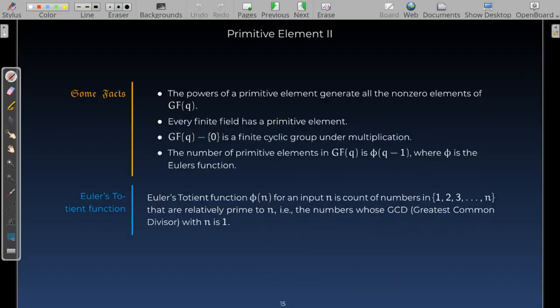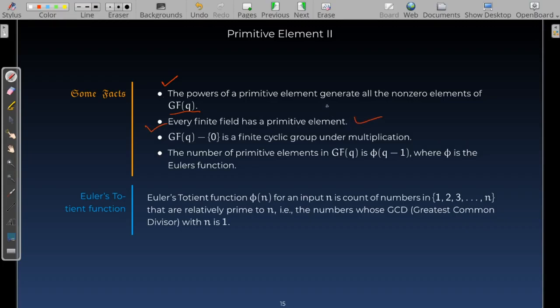Now let's discuss something about the primitive element. If you have a primitive element, then as we have seen in the previous example, using its powers you can generate all the non-zero elements of GF(q). Every finite field has a primitive element.